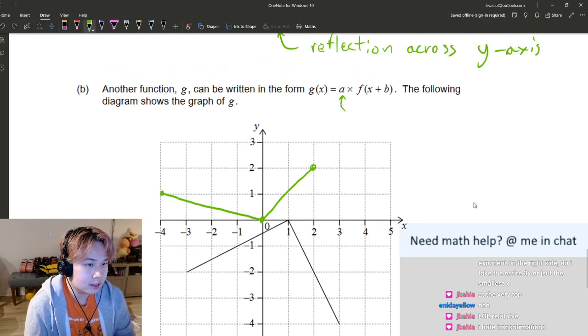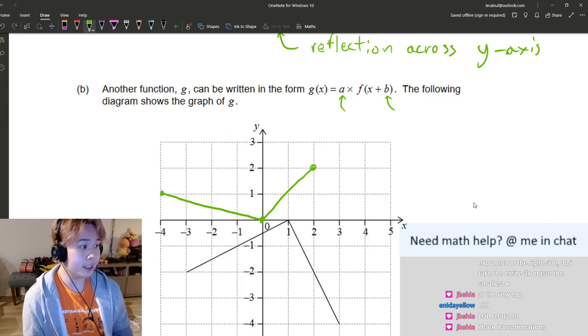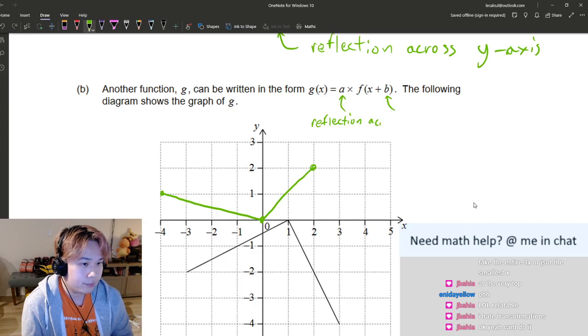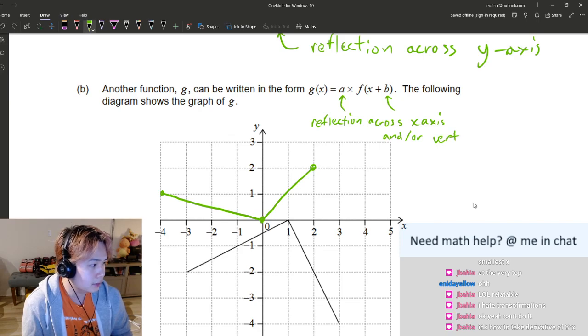First thing is there's only two transformations, and from how they're formatted and written, we have here a reflection across the x-axis and/or vertical stretching.